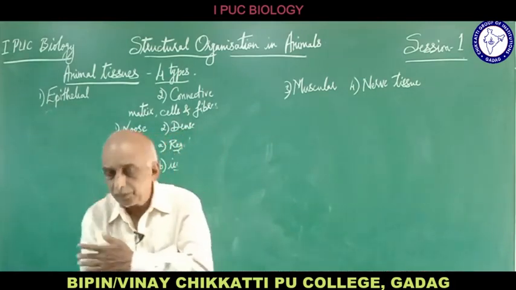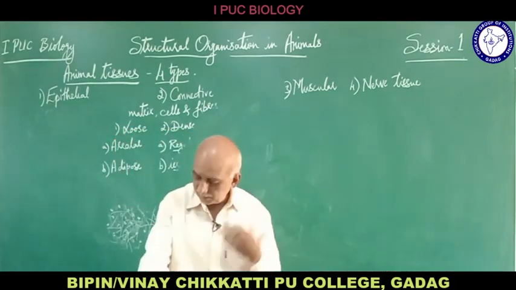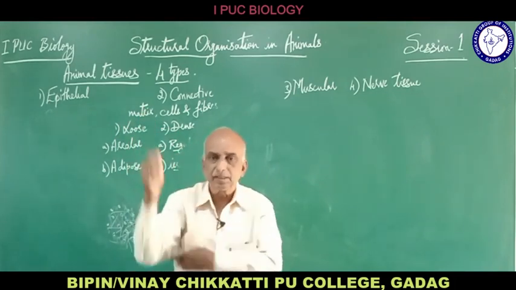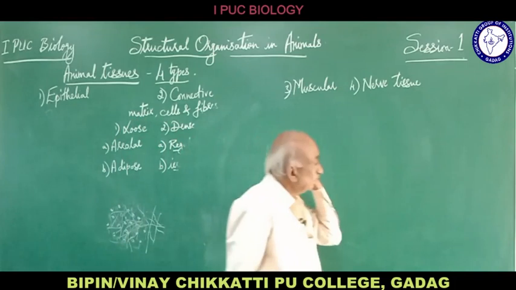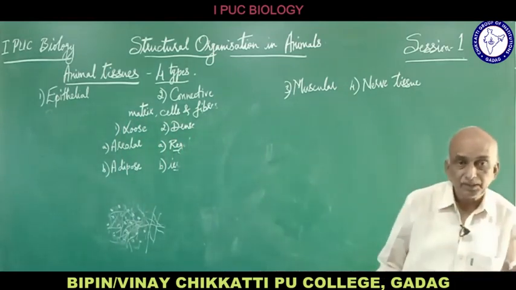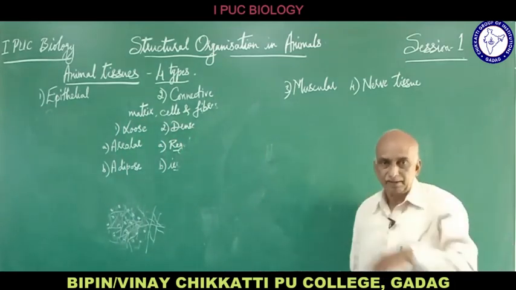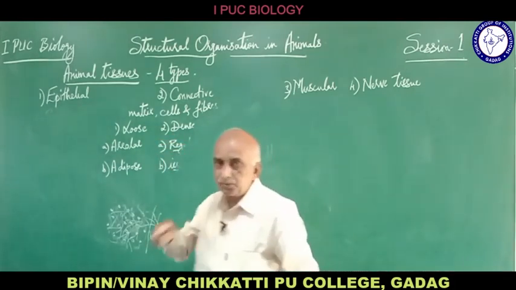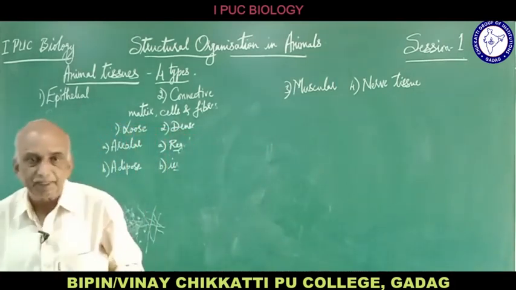So here, for example, the muscles. When we do like this, the muscles contract and stretch. That means muscles have the power of contraction and stretching, and connective tissue and epithelial tissues do not have such a property.